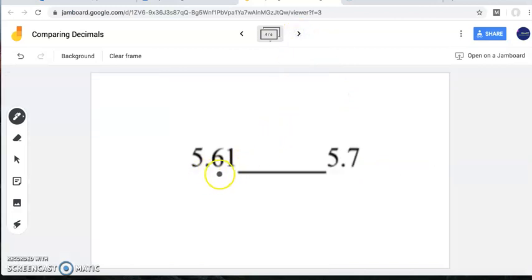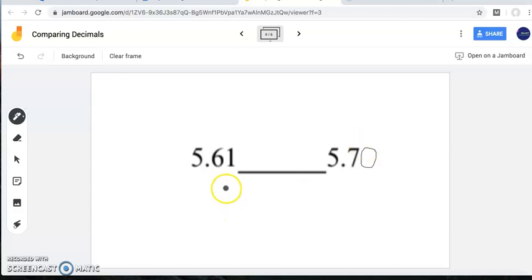Now I have 5 and 61/100ths, and I have 5 and 7/10ths. Sometimes when we're comparing hundredths and tenths, it might be helpful to change 5 and 7/10ths to 5 and 70/100ths. And we know 7/10ths is equivalent to 70/100ths. It might be easier to compare when you have the same number of digits in each number.